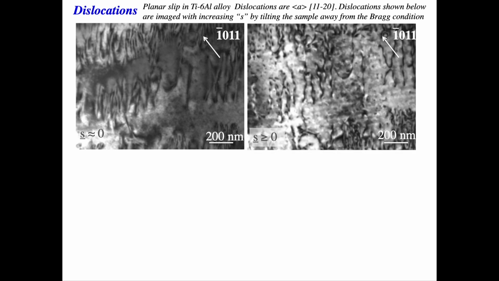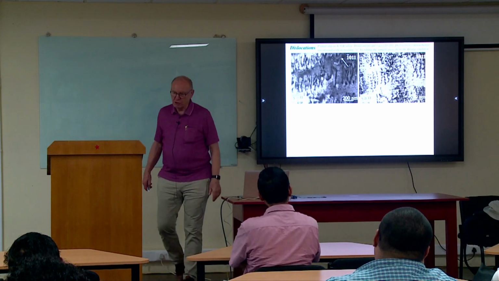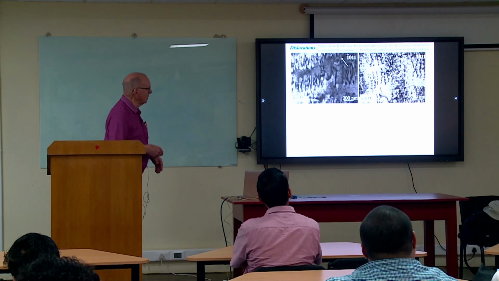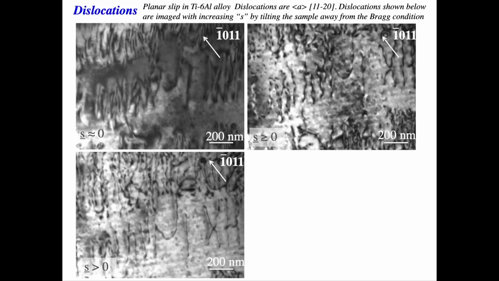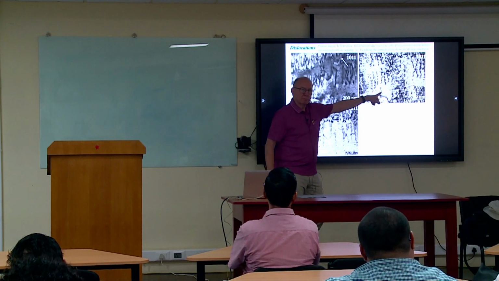Then as we increase the deviation parameter, as you're getting greater than zero, you can see now that we start getting some clearer images, a lighter background, and our dislocations here are dark. This is in the bright field image. And if we continue to increase the deviation parameter, then we start to lose some of what I'll call the wiggly contrast.